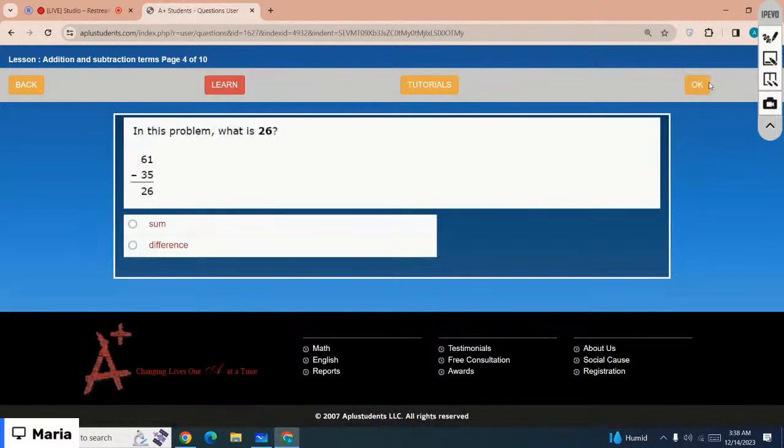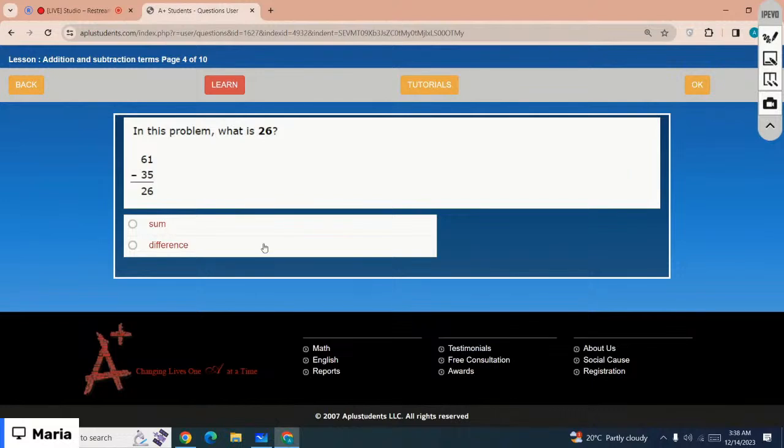Is it sum or difference? 26 is the difference because they are subtracting.